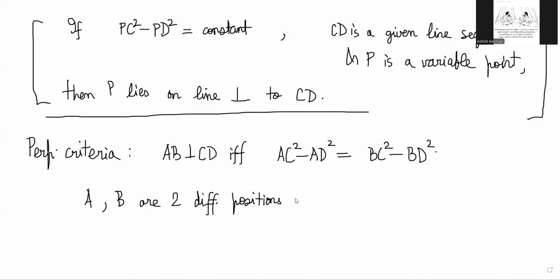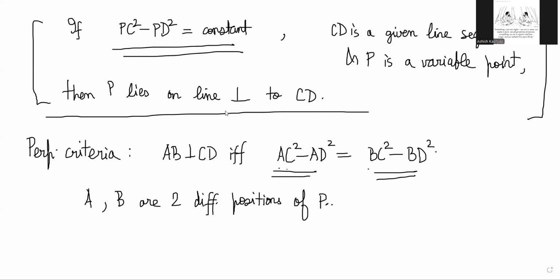Two different positions of P where we are getting PC square minus PD square. In place of P we put A and B. If you replace P with A and P with B, you get both are equal, right? Yes, sir. Do you see that it fits the whole condition here?